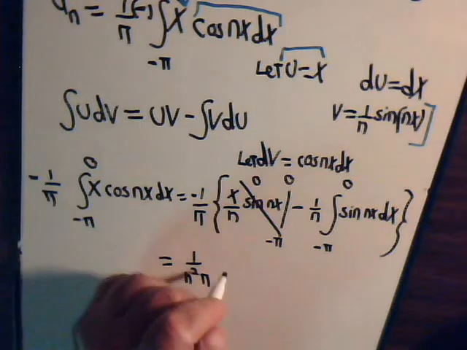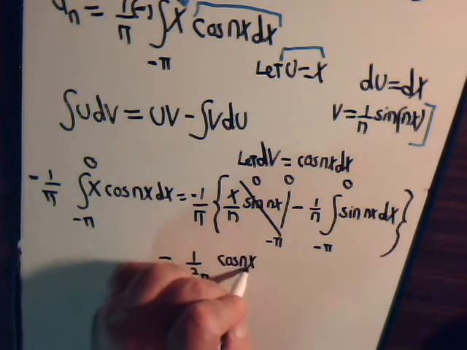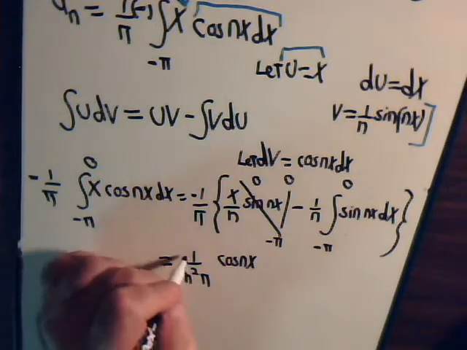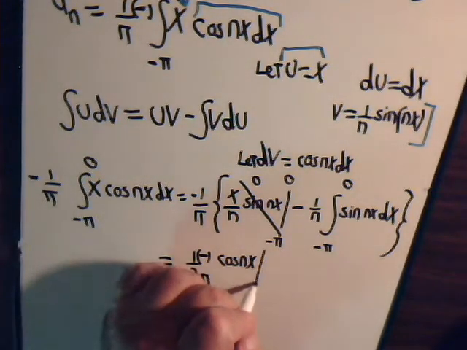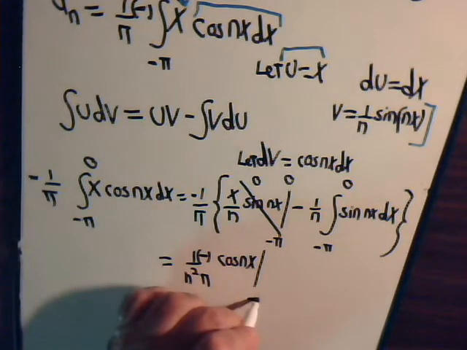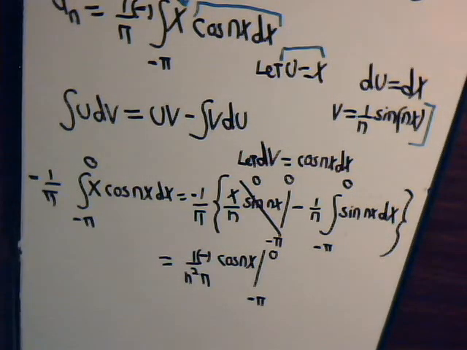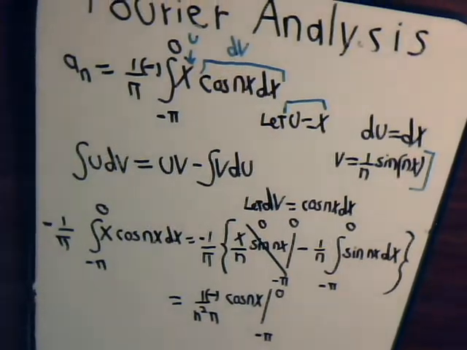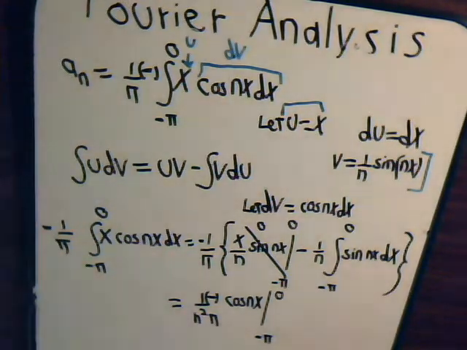The integral of sine is the cosine of nx with a minus sign before it. And we go from minus pi to 0. Okay, so that integral divided by minus pi is this expression. That's what a sub n is.